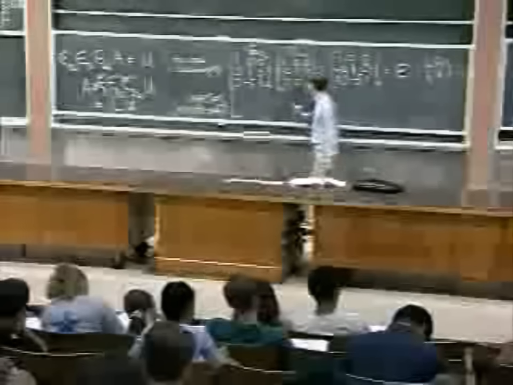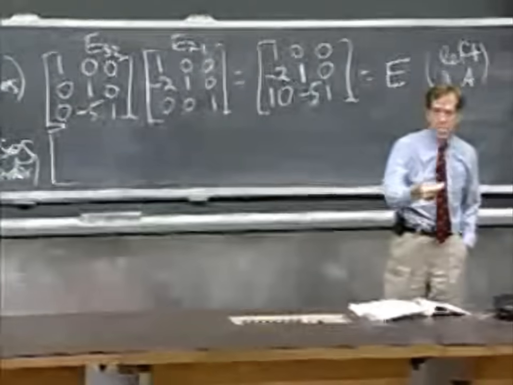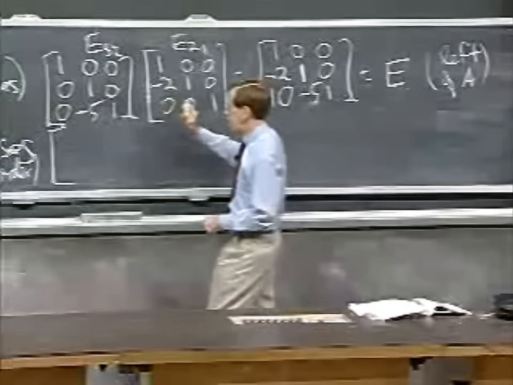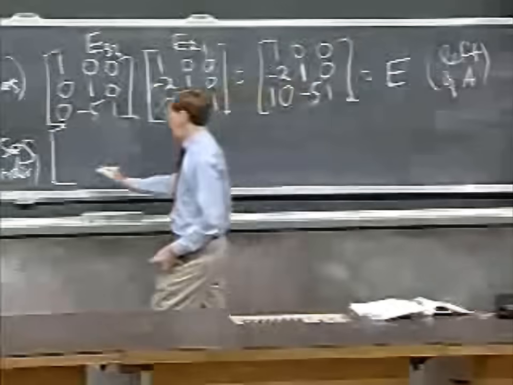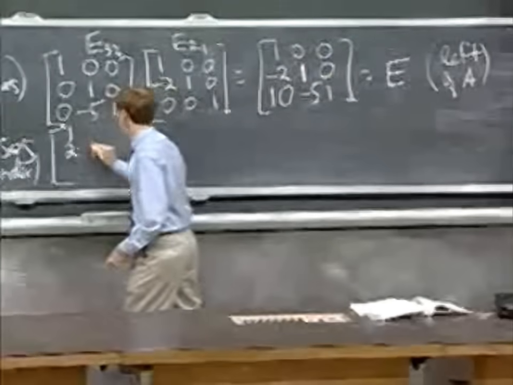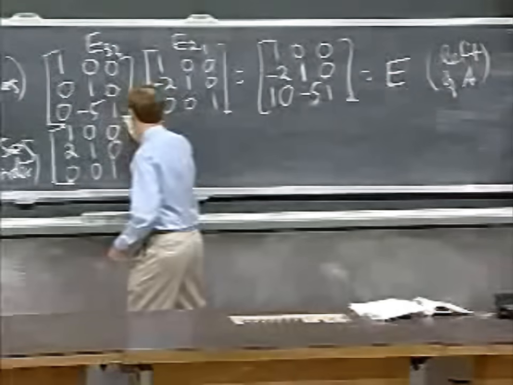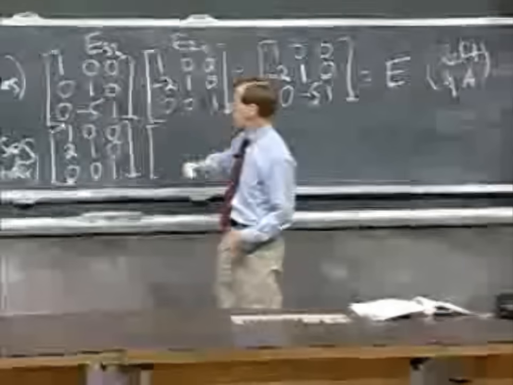And what is this inverse? What's the inverse of E21? Same thing with a plus sign, right? For the individual matrices, instead of taking away 2, I add back 2 of row 1 to row 2. So no problem. And now, in reverse order, I want to invert that.